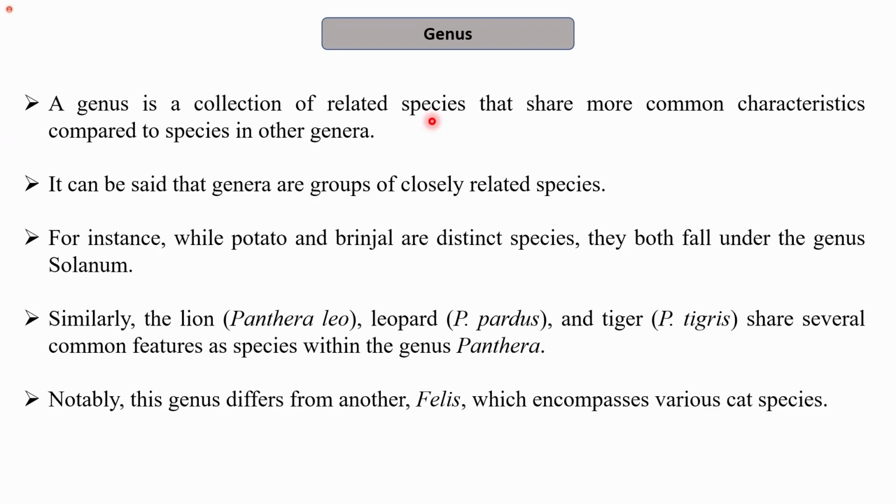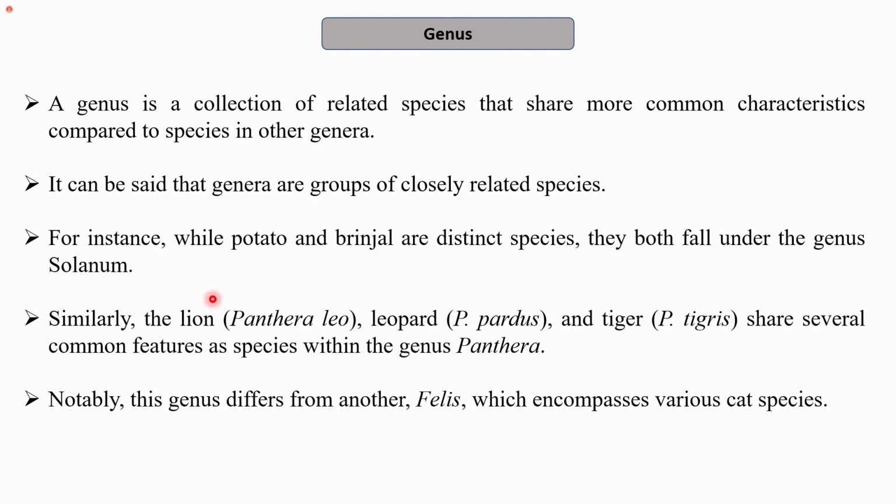So it can be said that genera are groups of closely related species. Those species that are not exactly similar but share many similar characteristics can be put under the same genus. For instance, while potato and brinjal are distinct species, they fall under the same genus, which is Solanum.